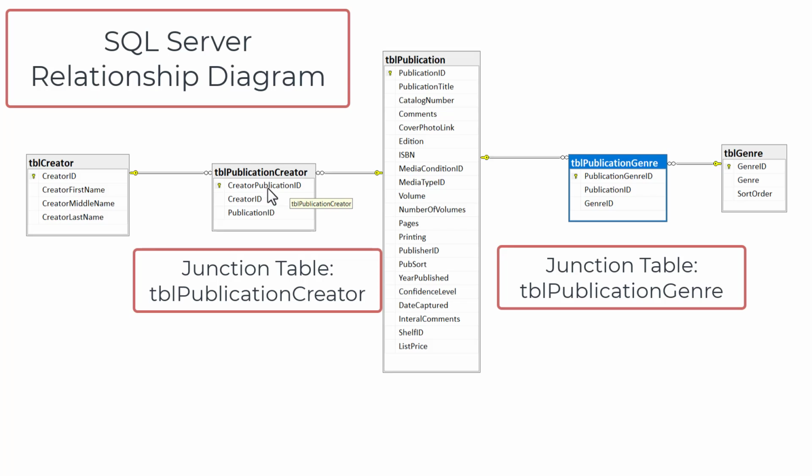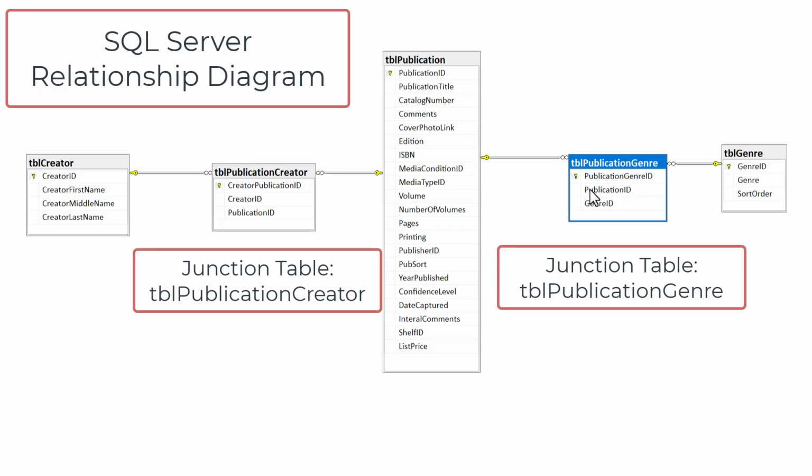To correctly and adequately model this in a relational database, we need to include the primary key from one table and the primary key from the other table in a single record in a junction table. The same is true for genre or category.